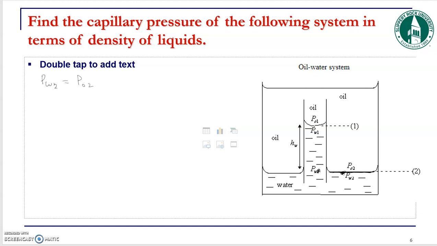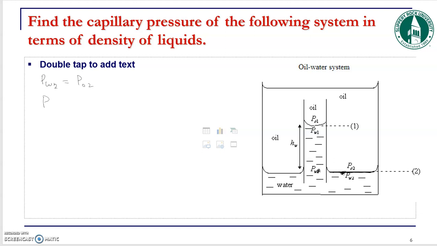This is not a capillary, this is much larger than a capillary, right? So the pressure at this point in the oil phase is equal to the pressure at this point in the water phase. Okay, so PO2 is equal to PW2.